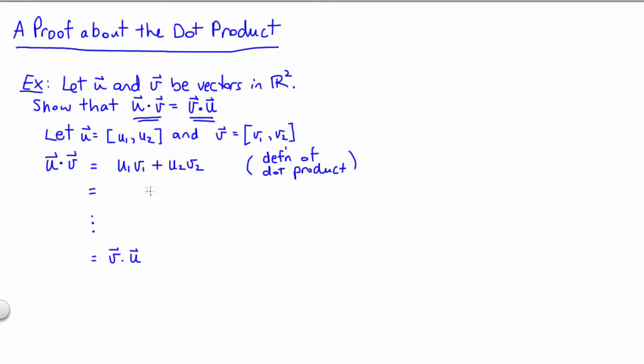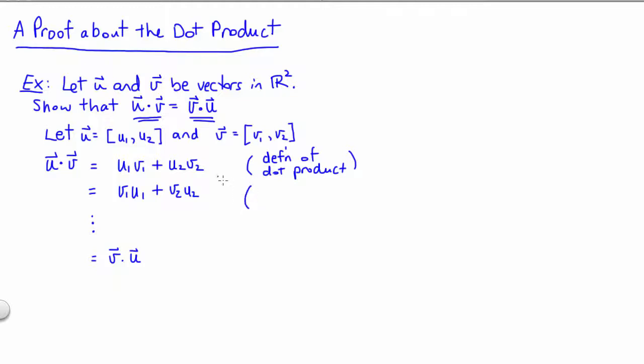All right, now next step. Looking at where we're trying to go, we're trying to produce something that looks like v dot u. So at some point, the order has to be rearranged here. Let's think about whether it's valid to take this expression u1 v1 plus u2 v2 and say that it's equal to v1 u1 plus v2 u2.